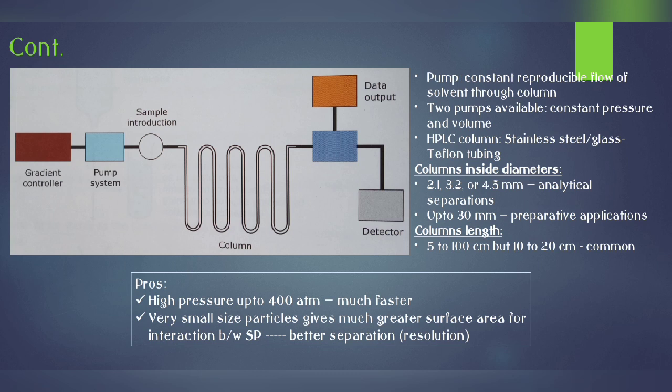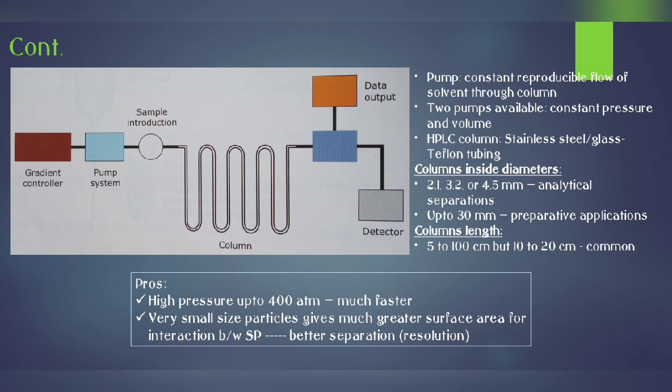The sample is injected at this point, and then the sample, that is the solute with our solvent, enters the HPLC column, which is made up of stainless steel or glass or Teflon tubing. Based on analytical separation or preparative separation, different diameters and different lengths are used.